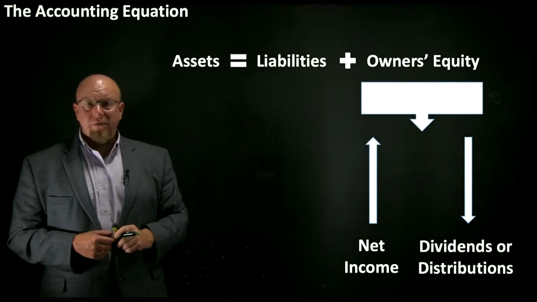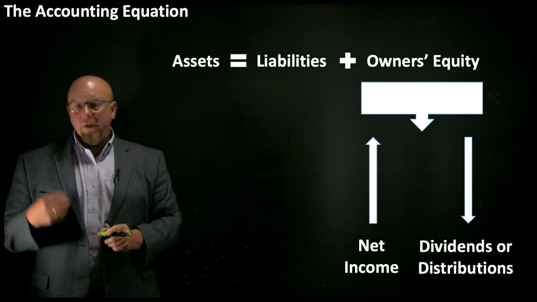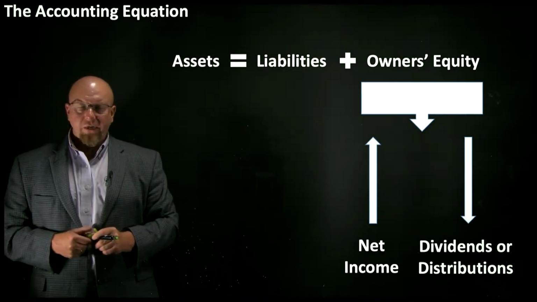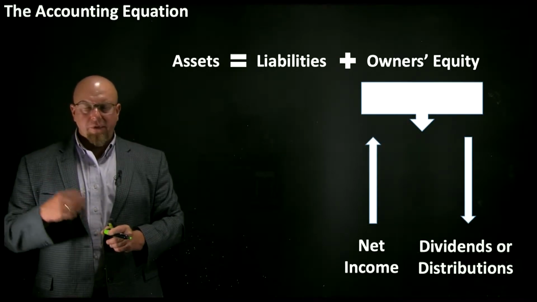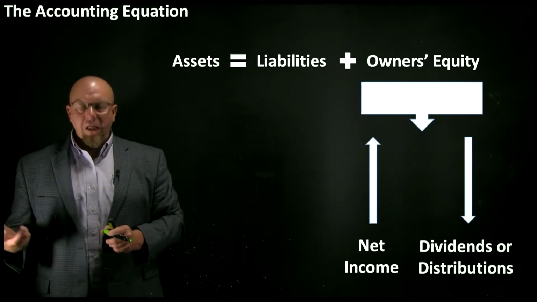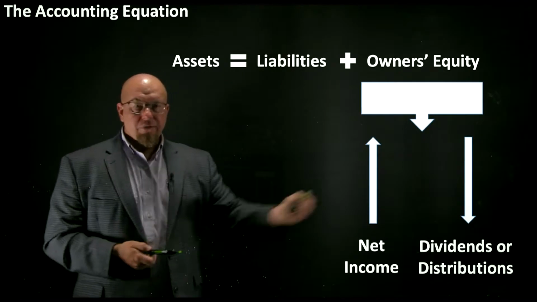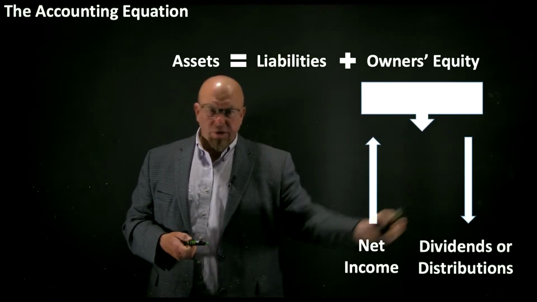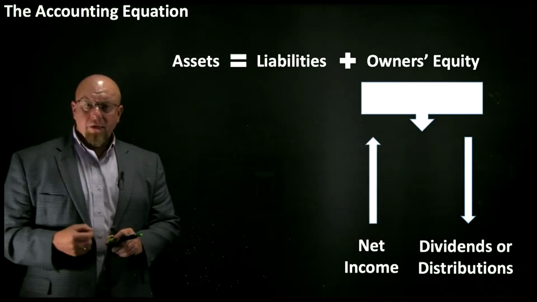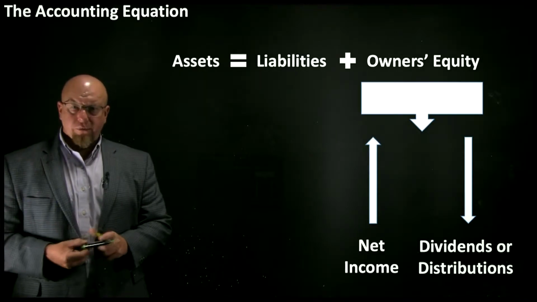And then when we make distributions to our owners, if it's a corporation, it'd be called a dividend. Different forms of business would have a different terminology, but the concept is the same. If we give owners a return on their investment, then that reduces owner's equity.